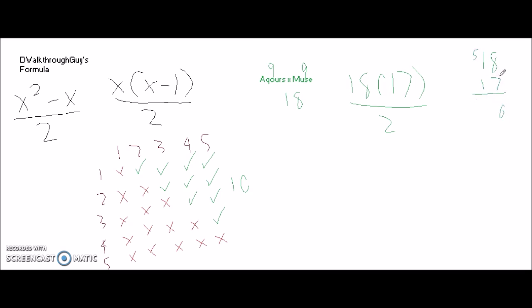On the test, they might have you use a calculator. 306 people. And you want to divide that by 2. It's going to be 153. So, between Aqours and Muse, 18 people, there's a total of 153 possible ships.